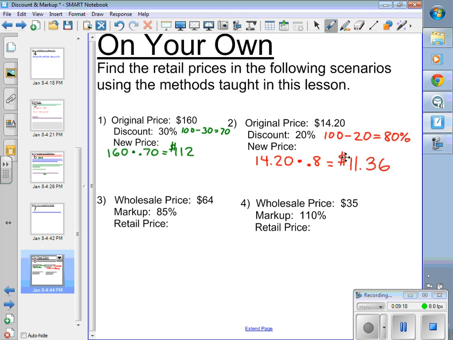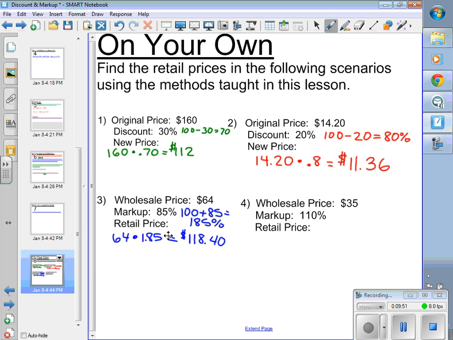Okay. Next one, we're marking up. So we have 100 plus 85, giving us 185%. So we have 64 times 185%, or 1.85. And that is equal to $118.40.